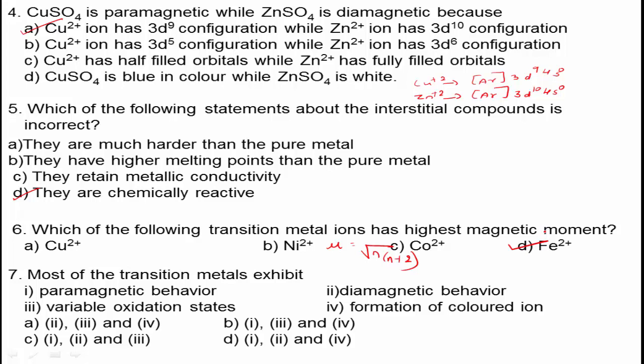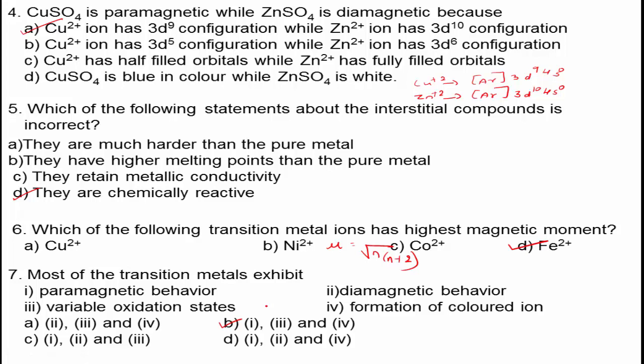And the formation of colored ions is because of unpaired electrons in their orbitals, which undergo d-d transition or charge transfer phenomena. Therefore, the right answer for this question is B only, because most of the transition metals exhibit paramagnetic behavior, variable oxidation states and formation of colored ion, but not diamagnetic behavior.